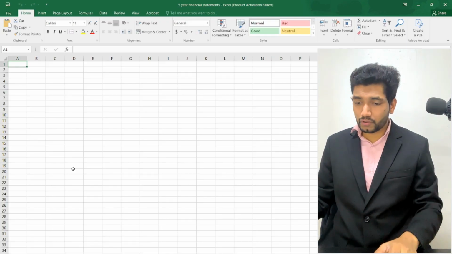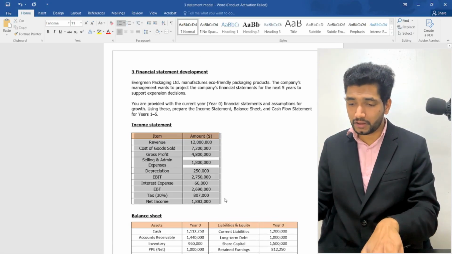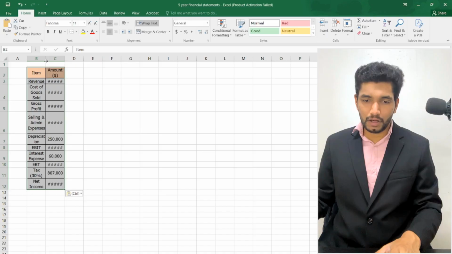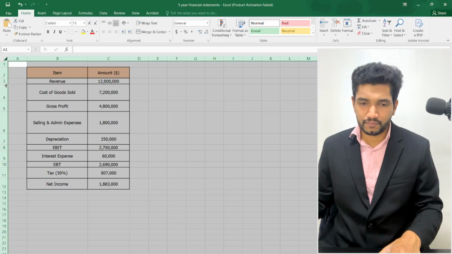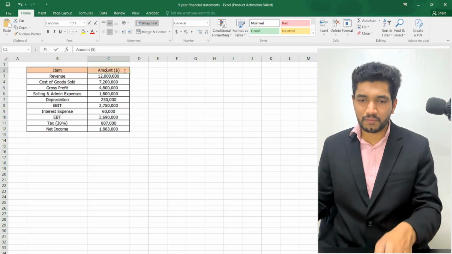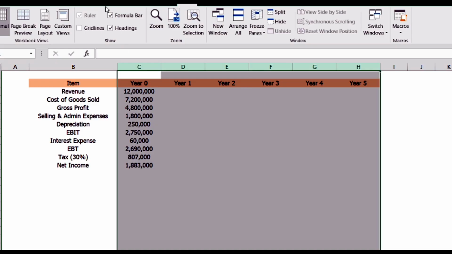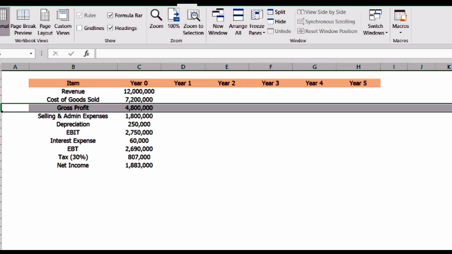What I'm going to do here is copy this income statement value from here and paste it into my income statement, and just adjust. This will be my year 0, then I put year 1. For the GP, I will add a space after the GP.